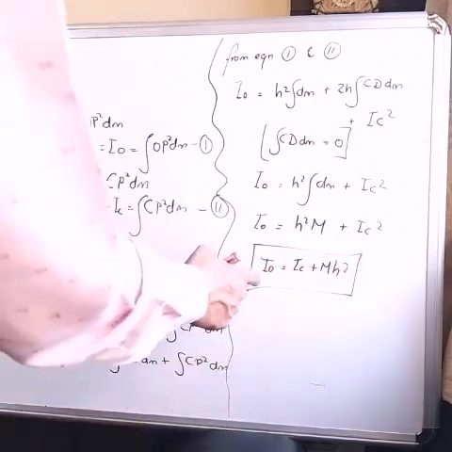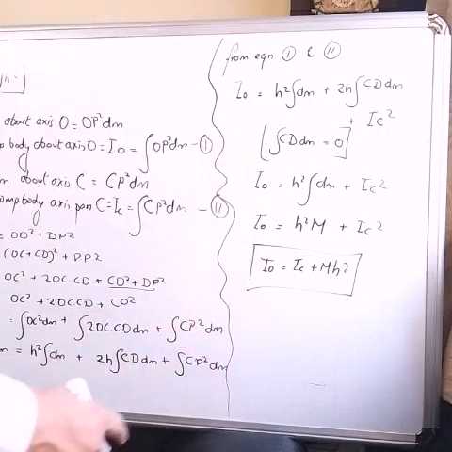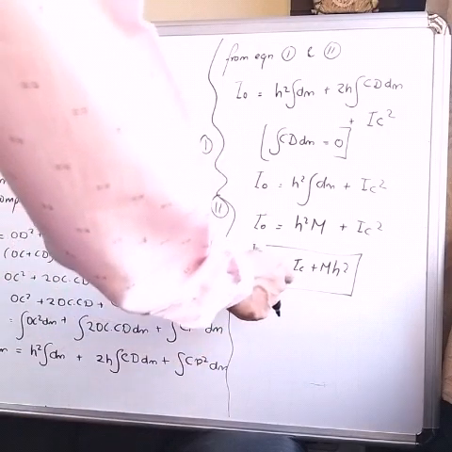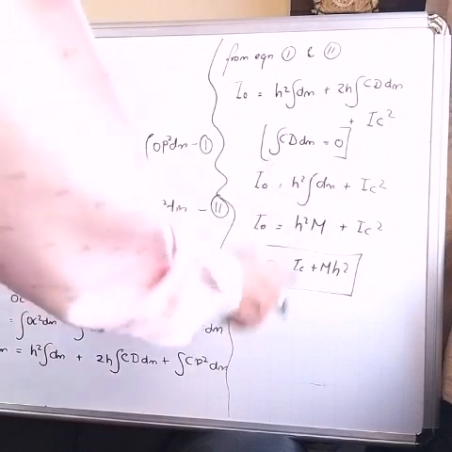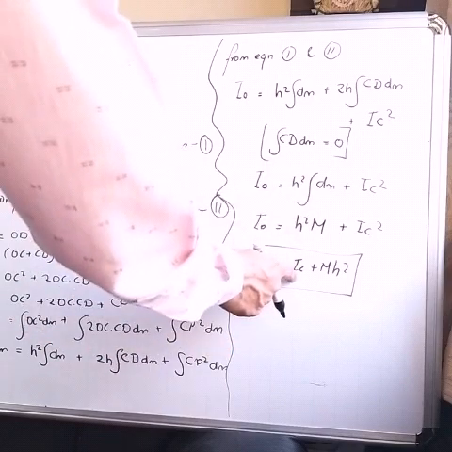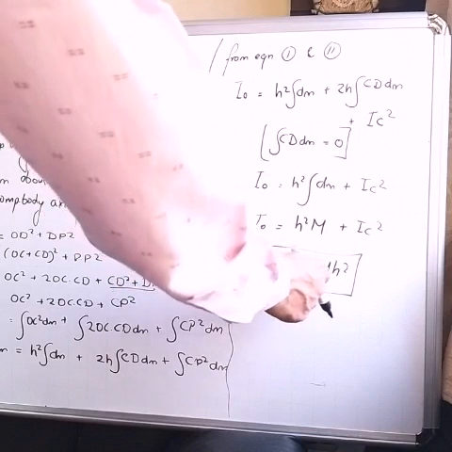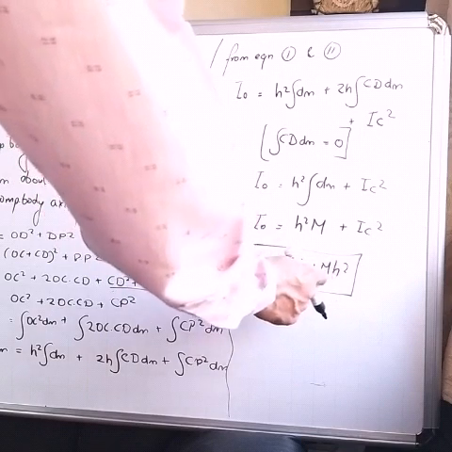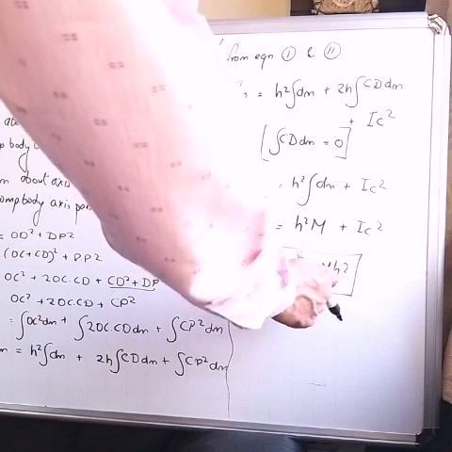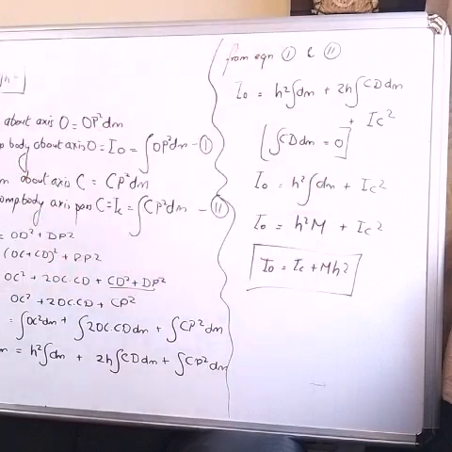IO is the moment of inertia about an axis passing through any point, and it is equal to the moment of inertia about a parallel axis passing through the center of mass, IC, plus the product of the total mass of the body and the square of the distance between the two parallel axes. So this is our parallel axis theorem.